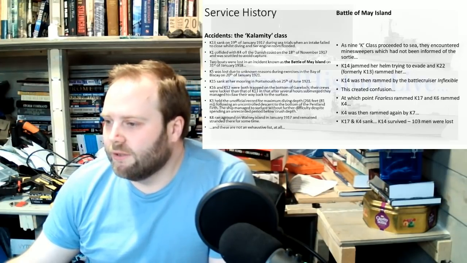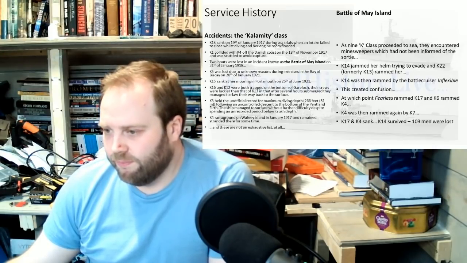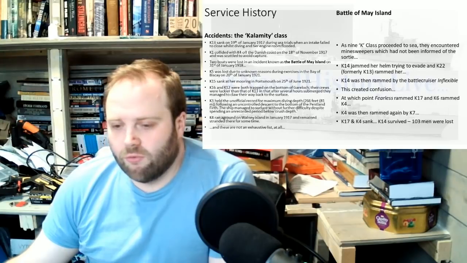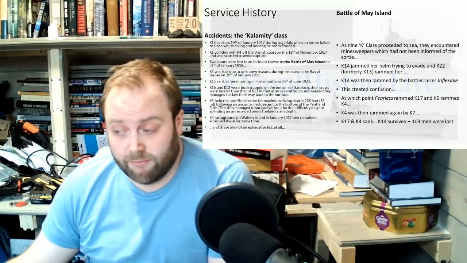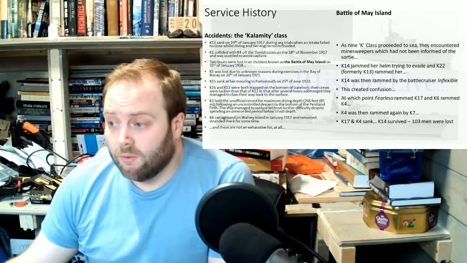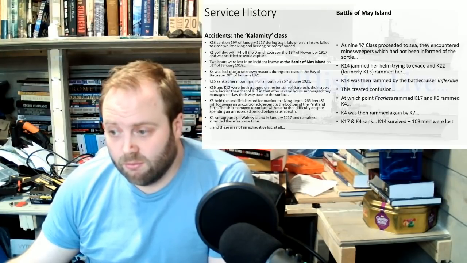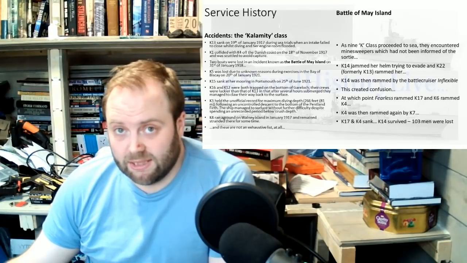The Battle of Jutland had happened long before this. There had been numerous experiences of operating at night since then, and the Royal Navy had been revising itself, but it hasn't revised itself quick enough. You have these ships, these submarines, these boats, wandering around in the dark without lights on because they're on tactical operating standards.